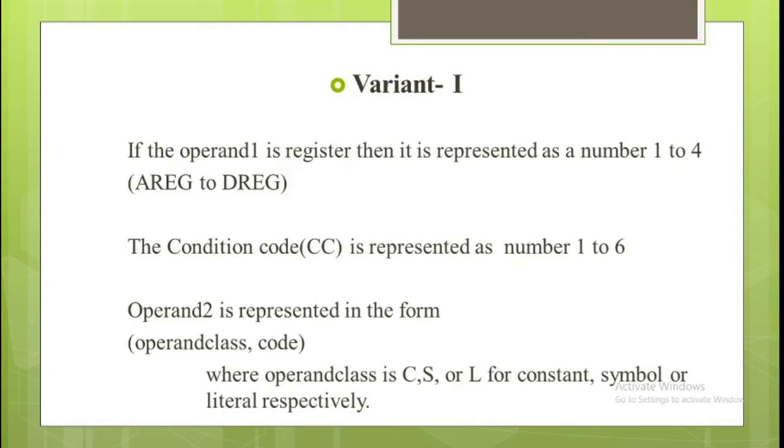Now the operand 2 is going to be represented in the form of a pair, and that pair consists of the operand class followed by the code. Now what is this operand class? The operand class can be either C, S or L for the constant, symbol or the literal respectively.